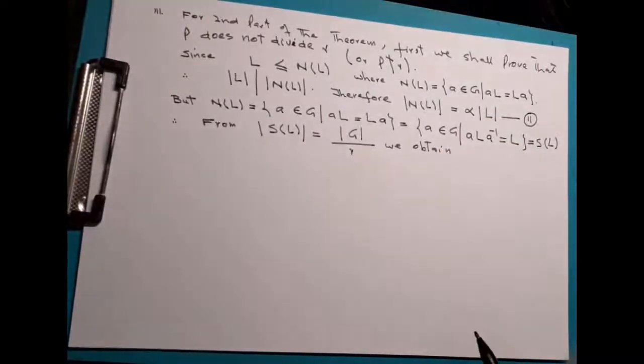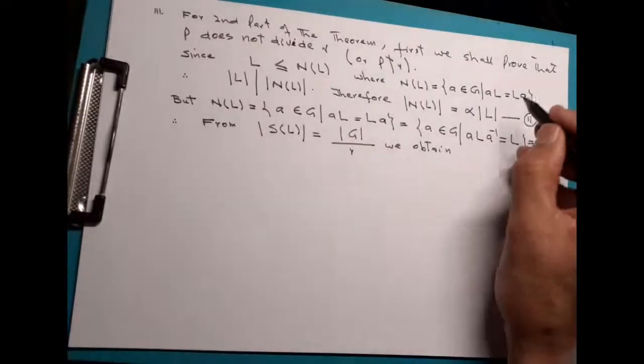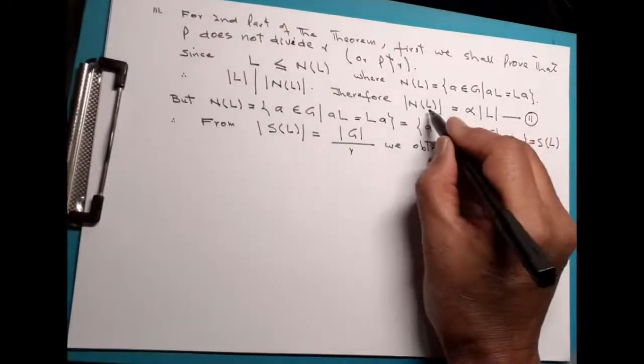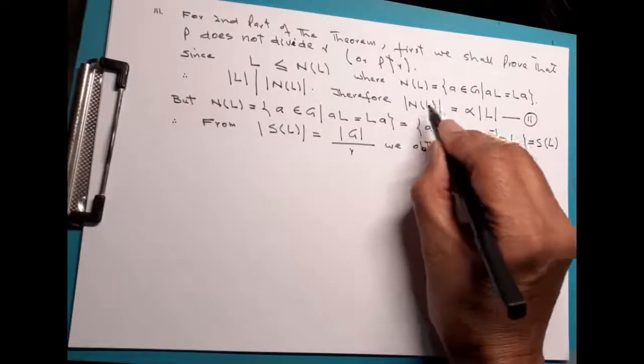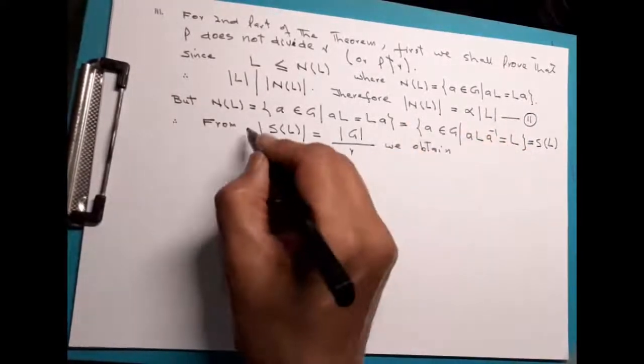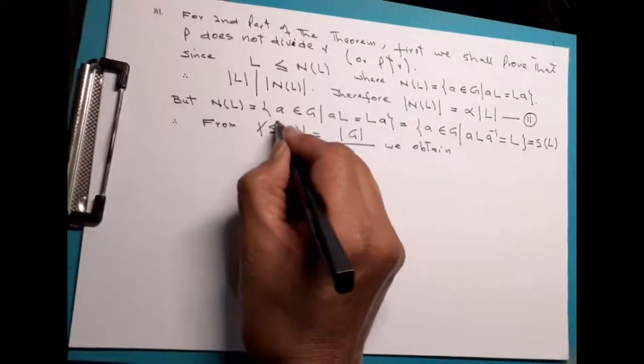I'm making a slight mistake. Please let me correct it. In fact, we have to use this particular result. We need to replace NL by SL in this result. Let me do it again.